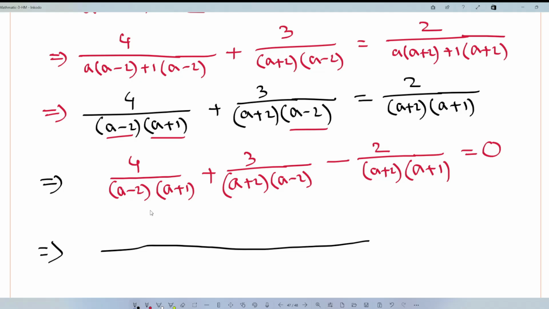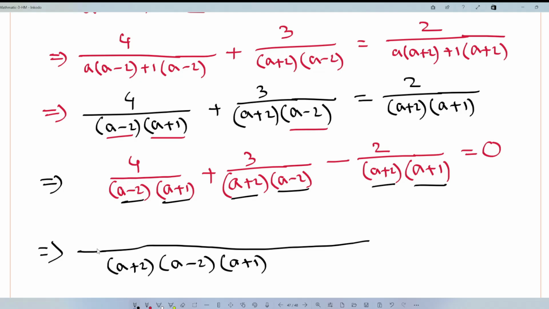So which one is common? (a-2), (a-2), we can write (a-2). Here is (a+1), (a+1), we can write (a+1). Again here is (a+2), (a+2), we can write (a+2). So here is 4. So (a-2)(a+1) out. So here should be 4 times (a+2) plus 3.